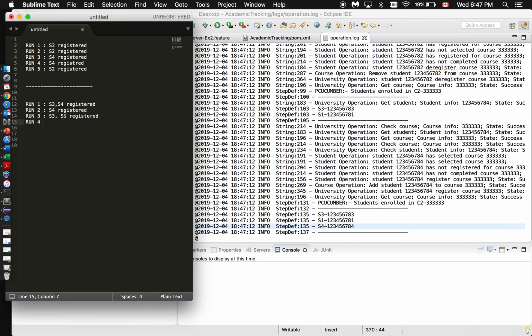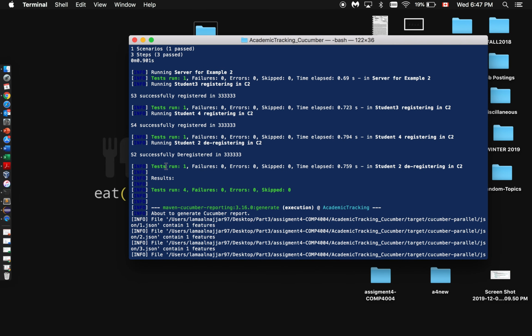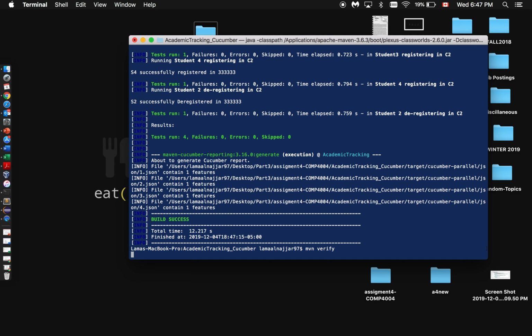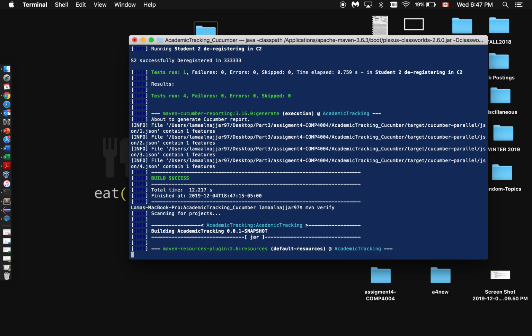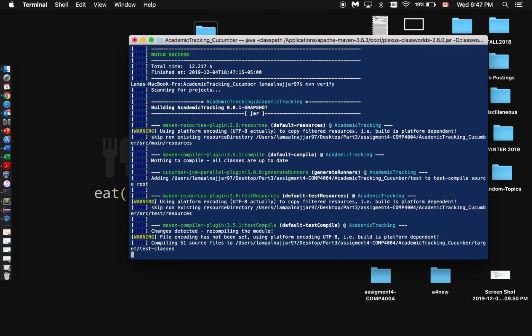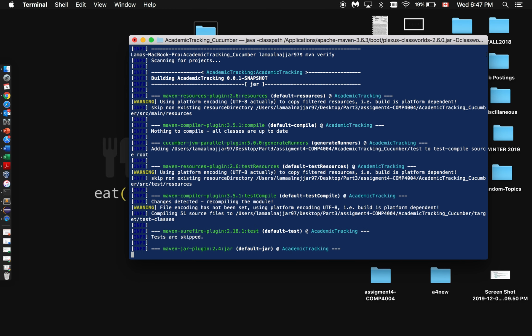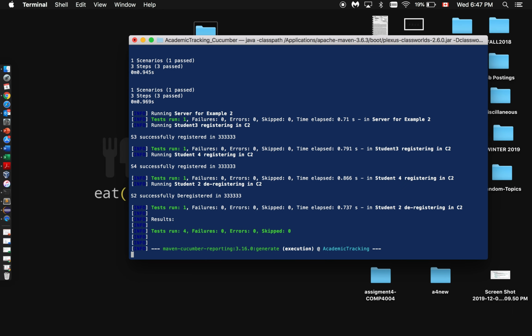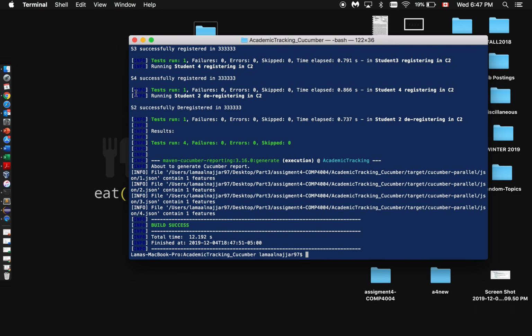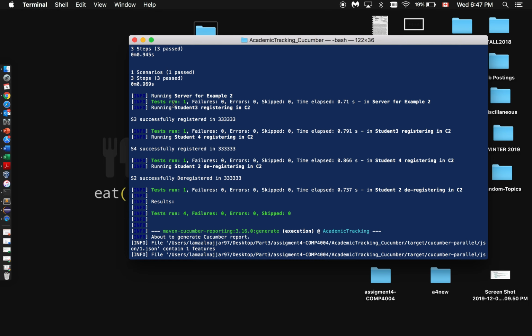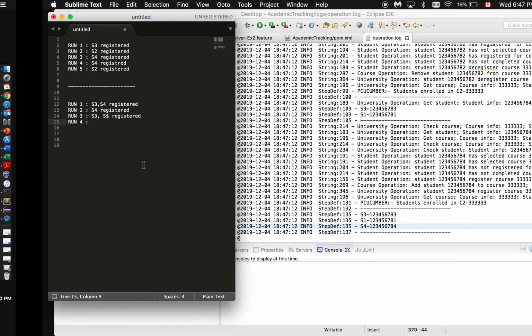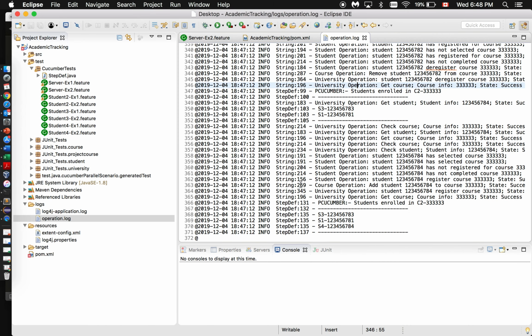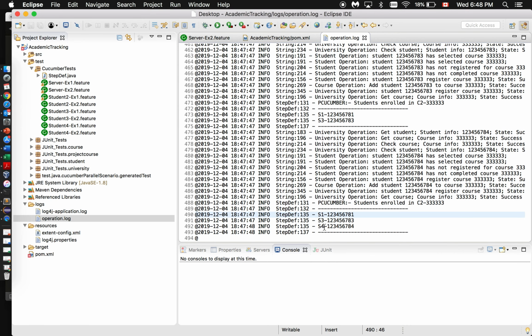Now let's do it for the fourth time. We see here that S3 and S4 were able to register. By looking at the logs in here, you see that still S3 and S4 were able to register.